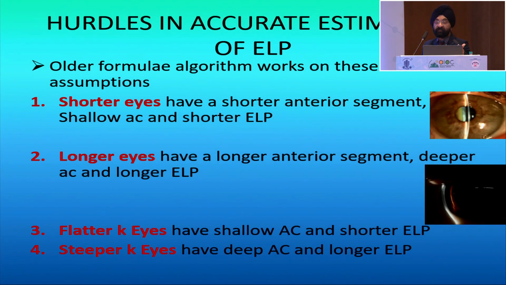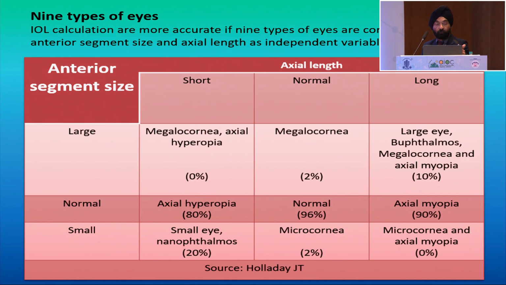There are some hurdles in accurate estimation of effective lens position because the older formulae worked on these assumptions. That is, shorter eyes and flatter K eyes were supposed to have a shallow anterior chamber and shorter effective lens position, in contrast to longer eyes and steeper K eyes, which were supposed to have a deeper anterior chamber and longer effective lens position. But Holladay told us that there are 9 types of eyes.